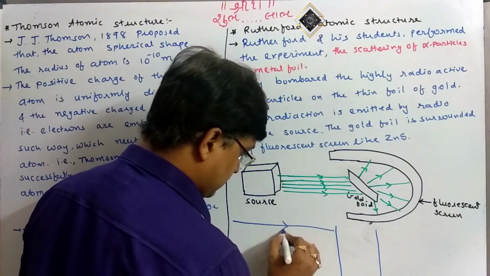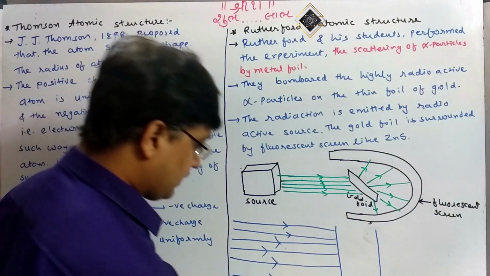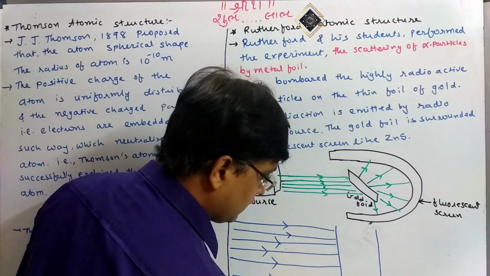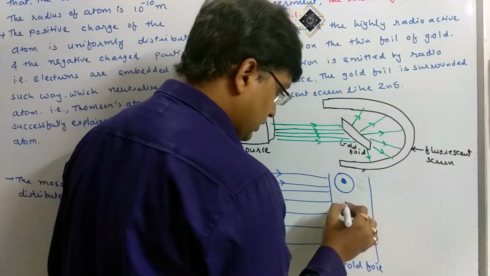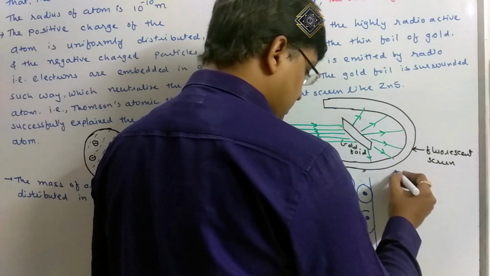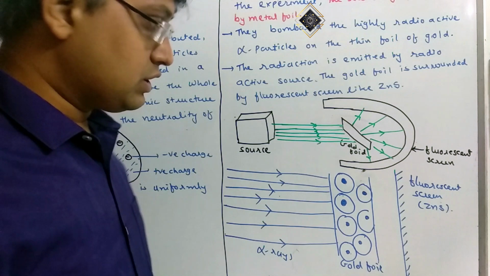At the microscopic level, if we observe, these are the rays of alpha particles, alpha rays. This one is a gold foil. These are the atoms of the gold. Beside this one is the fluorescent screen. Now just give attention.